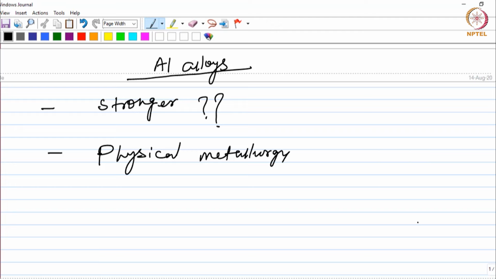Okay, so we need to understand the mechanism of strengthening.